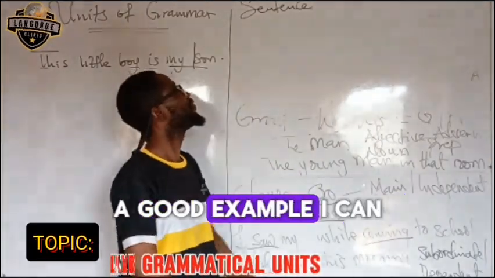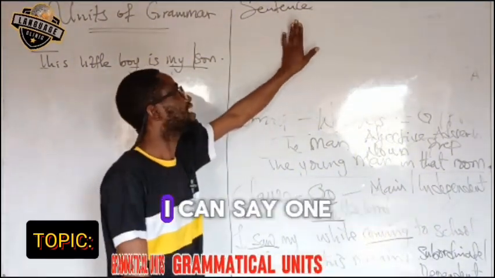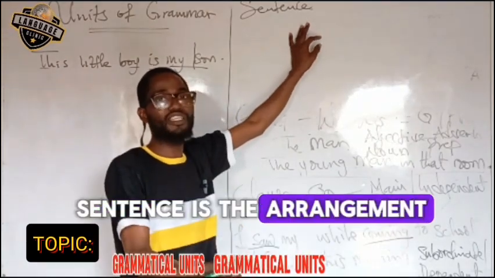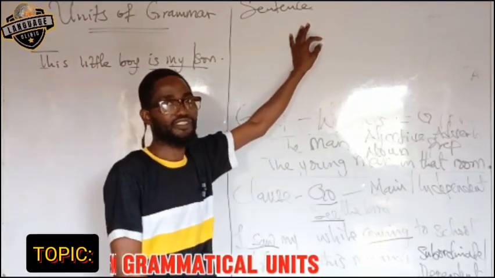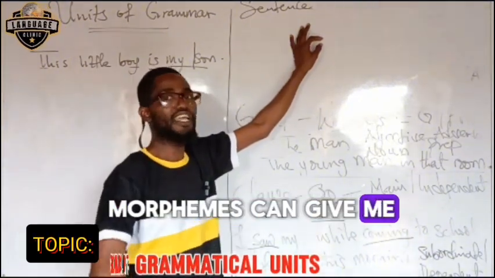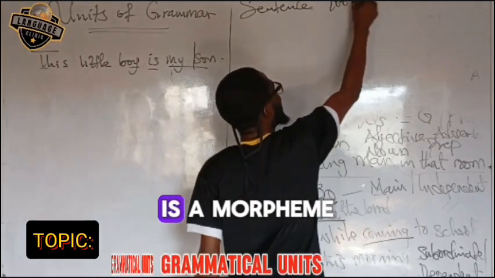A good example, I can define a sentence in so many ways. I can say a sentence is the arrangement of morphemes, meaning that one or more morphemes can give me a sentence. A good example, look is a morpheme.